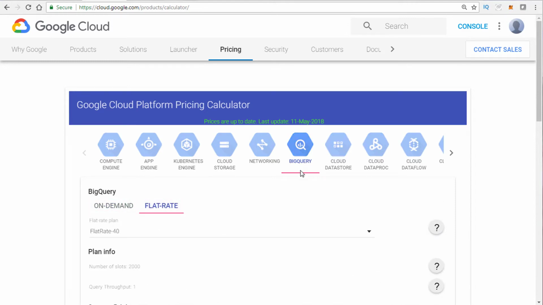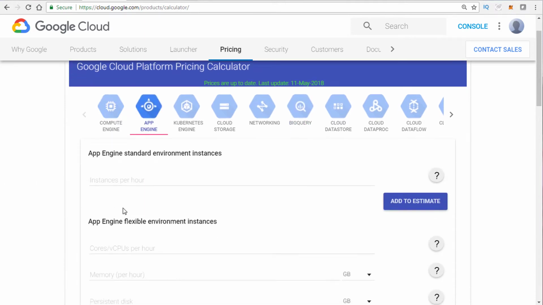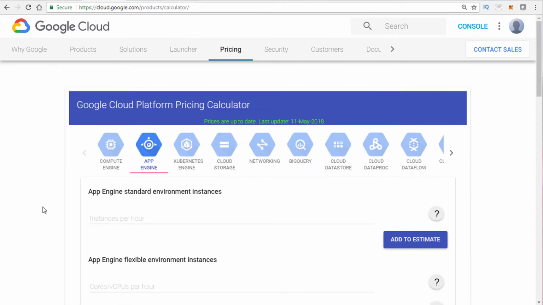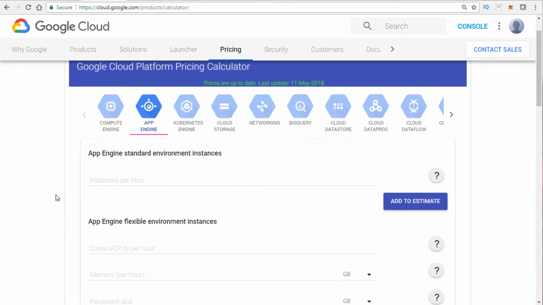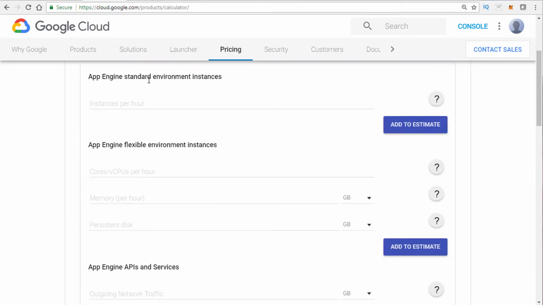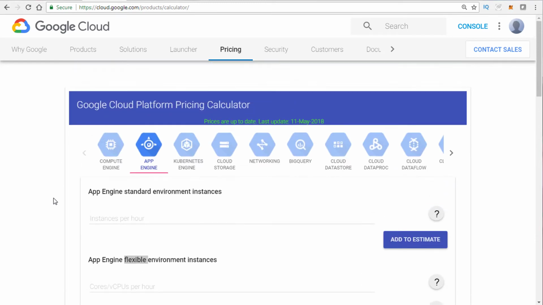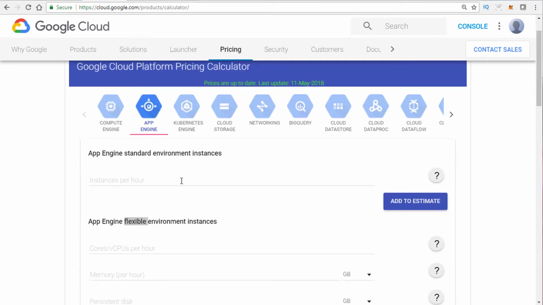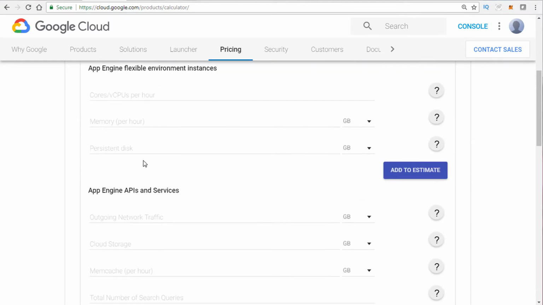Let's go over to, for example, App Engine. Remember, App Engine has a couple different environments. It's got standard and it has flexible. Let's say, for example, you want to use App Engine standard. You have to put in instances per hour.